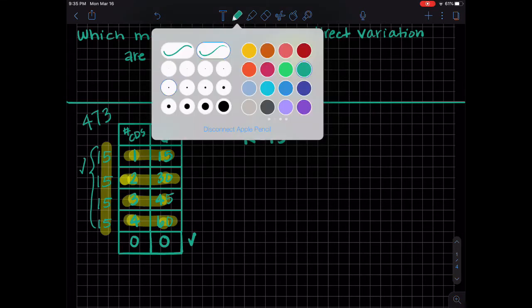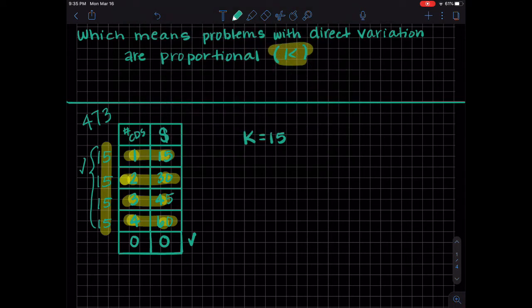So if we were asked how much it would cost to purchase 6 CDs, we know each CD sells for $15, and that's our constant. Multiplying that by 6, we get $90. And that's how direct variation relates to word problems.